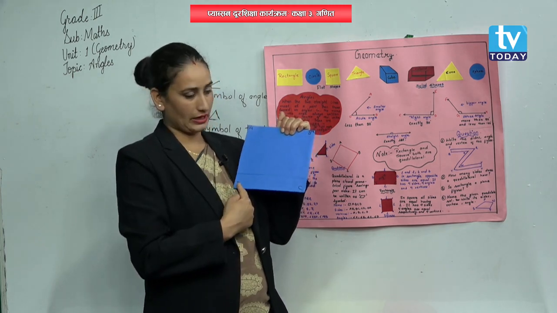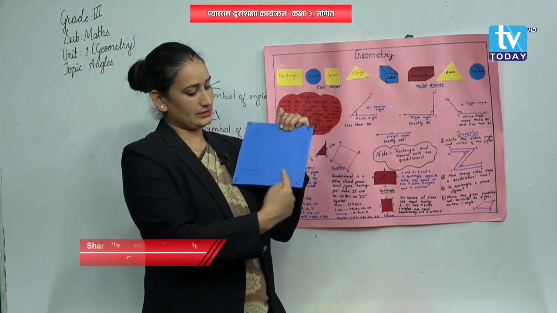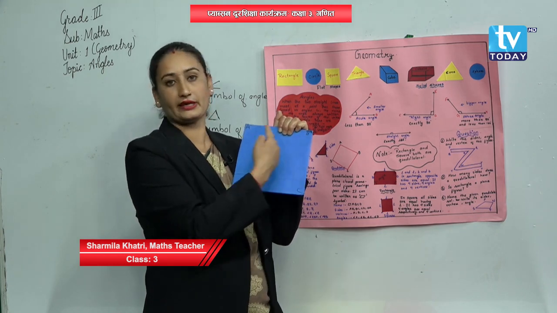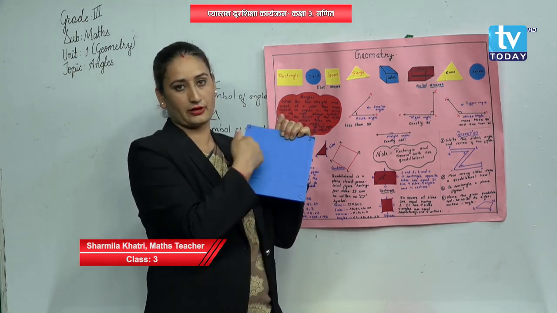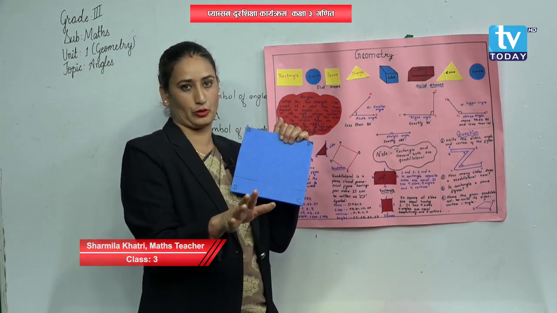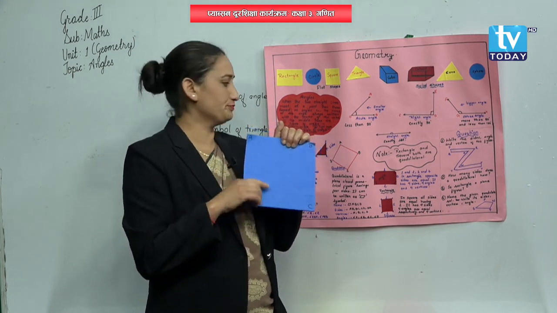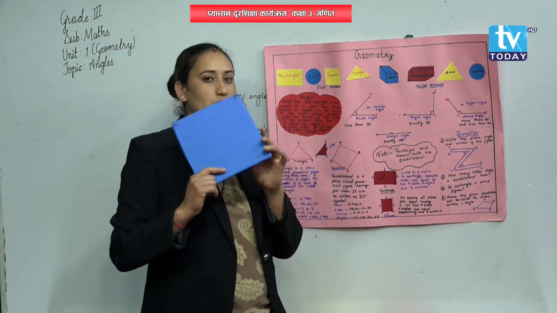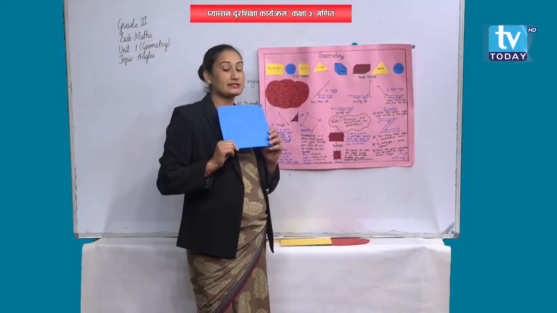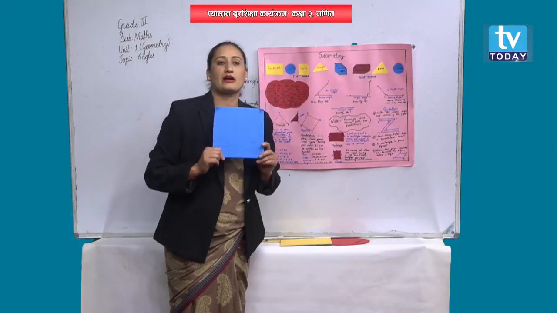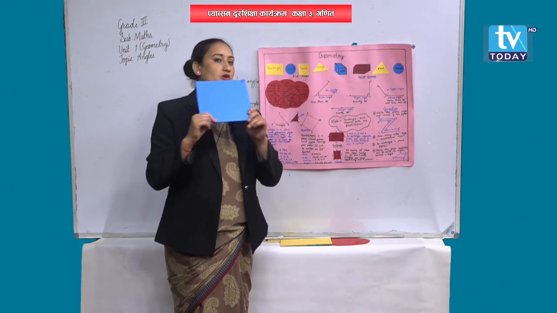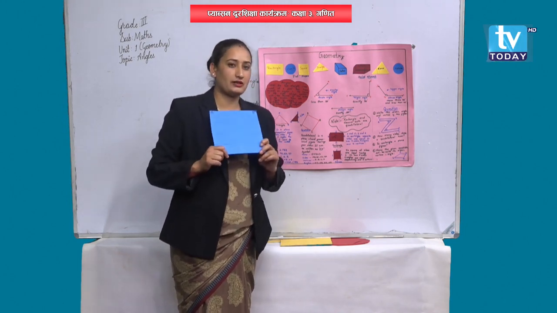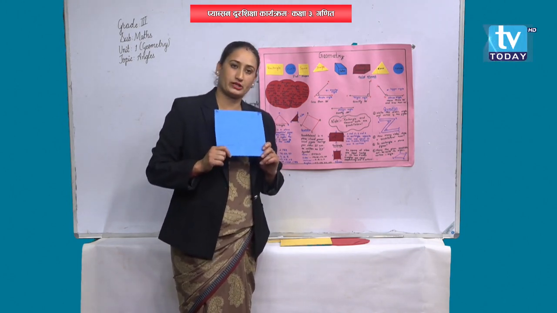You can write AD, DC, CB, or BA. I am coming from this side, right? So you can do it this way. Done? Very good. So, same as here, between square and rectangle, one difference is that a square has all sides and all angles equal. Okay.